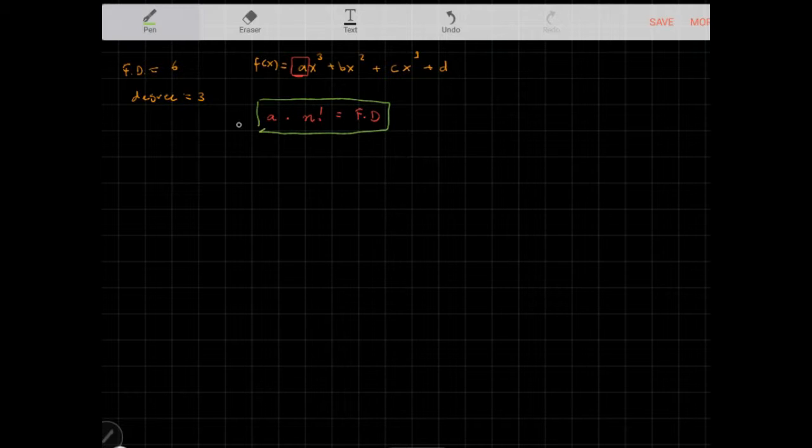Once again, the a here represents your leading coefficient, the n represents the degree, and the fd represents the finite differences. If you wanted to solve for a, it is equal to the finite differences over n factorial. So let's solve for a here.